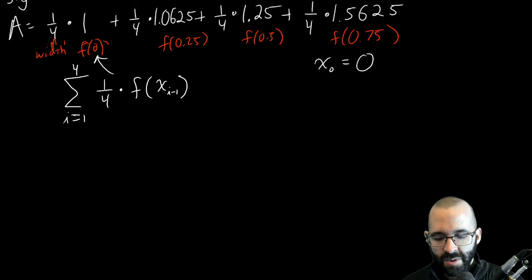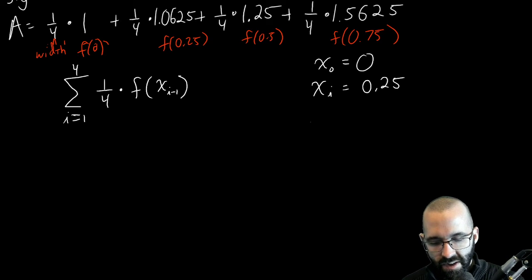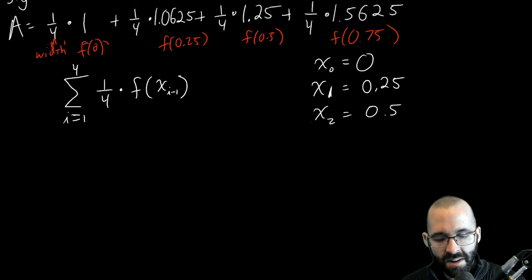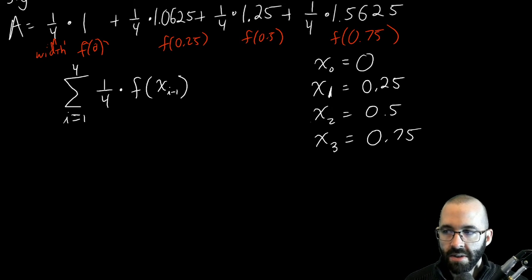The next one, the first x sub 1, is 1/4, that's when i equals 2. Then x sub 2 is 1/2, and x sub 3 is 0.75.